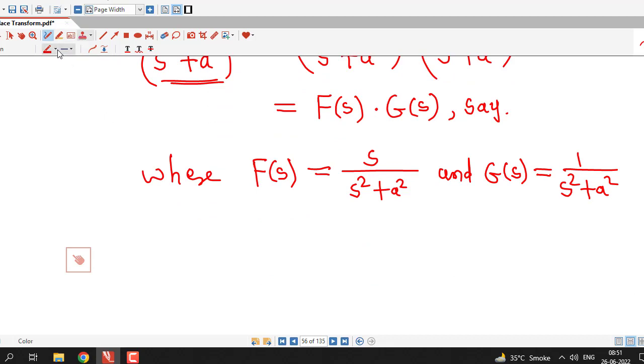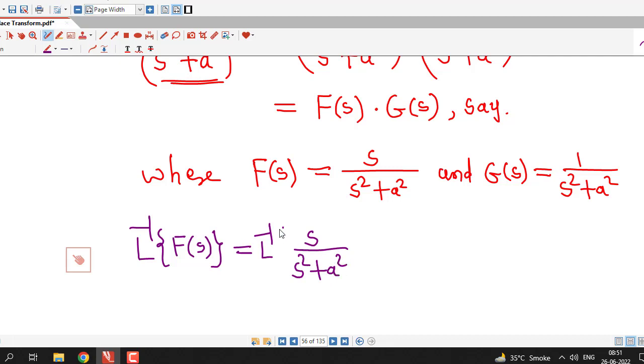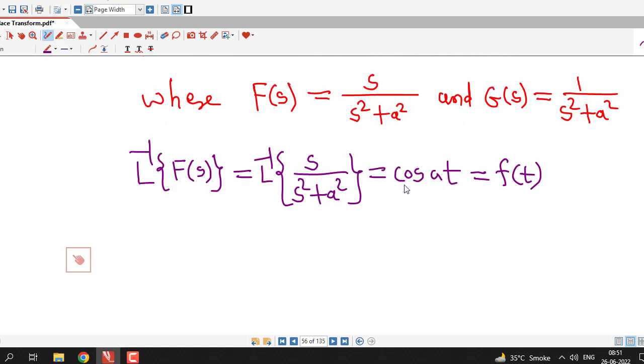And then we have to write the formulas for inverse Laplace transforms of capital F and capital G. L inverse of capital F of s equal to L inverse of s divided by s square plus a square, and we know the formula for this, it is cos at, and this is equal to small f. Inverse Laplace transform of capital F is denoted by small f.